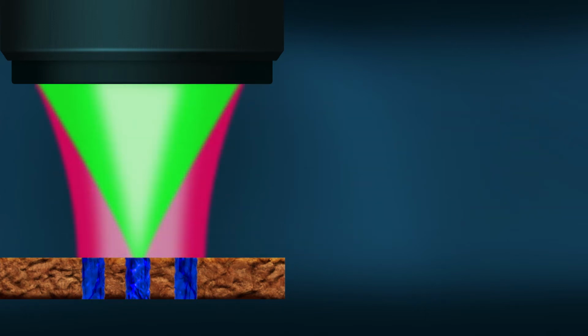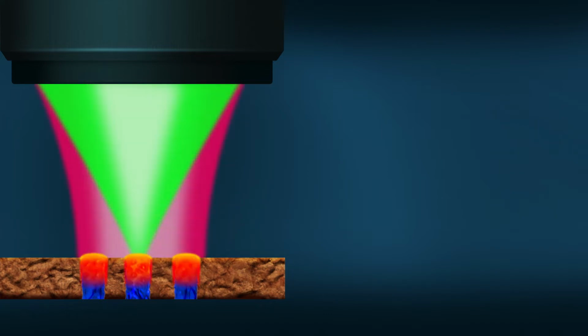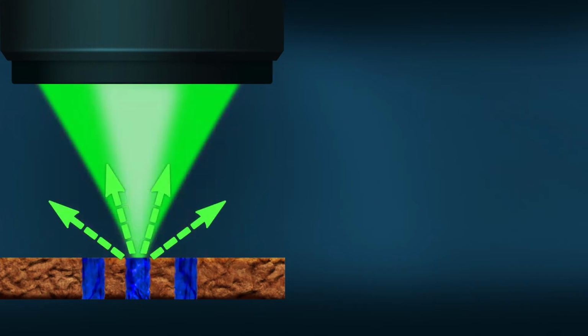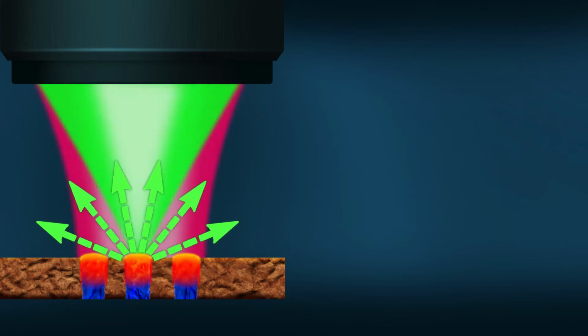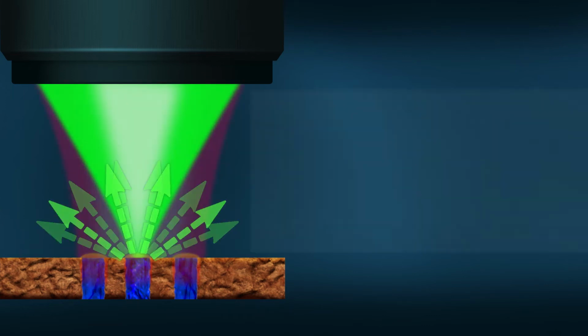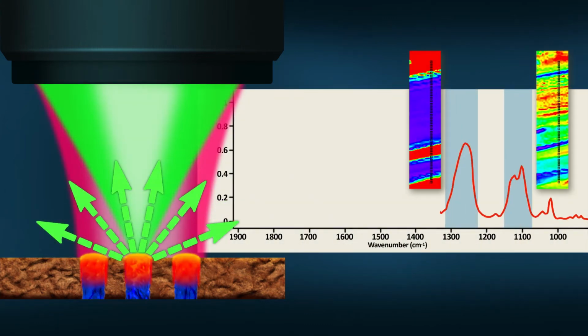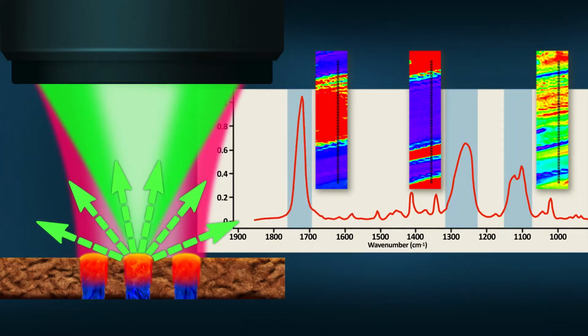The infrared generates thermal expansion, and that thermal expansion changes the way the green light is reflected or scattered back. So as we're tuning our infrared laser from one wavelength to the other, we monitor the intensity of the green light reflected back. And from that we calculate what is essentially a pure infrared spectrum collected in reflection mode.